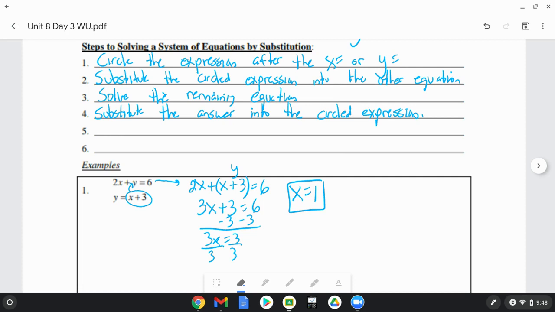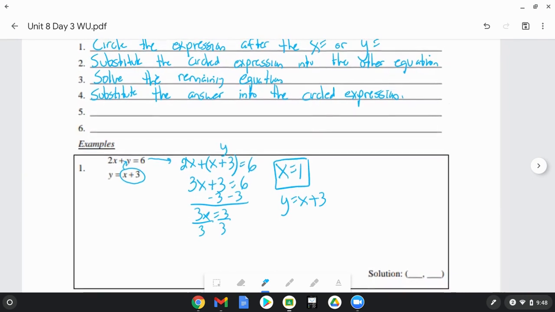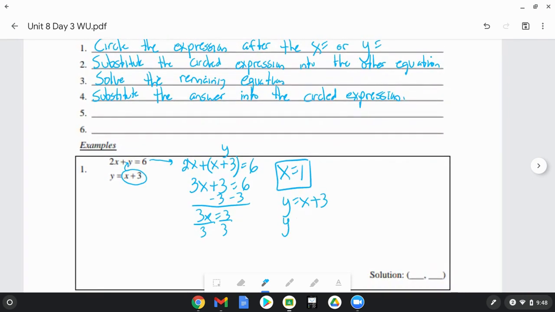So now what we're going to do is take this x equals 1. So we have this y equals x plus 3. We know what x equals, right? We know that x equals 1. So now we have 1 plus 3. And my next step would be to solve. So that would give us 4, right? 1 plus 3 gives us 4.